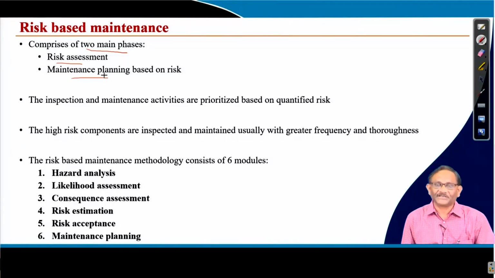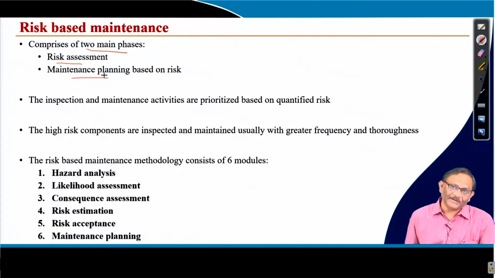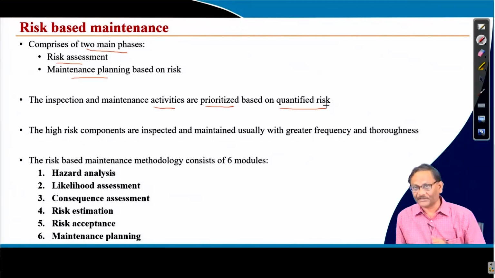Sometimes we use inspection and maintenance, sometimes only maintenance, more or less interchangeably. So in risk-based maintenance, the inspection and maintenance activities are prioritized based on quantified risk. That is the interesting part of it.